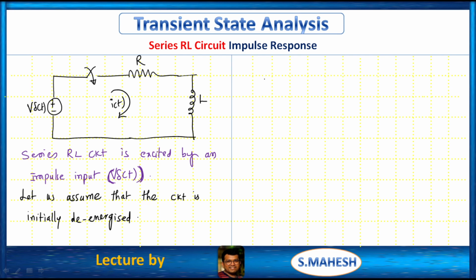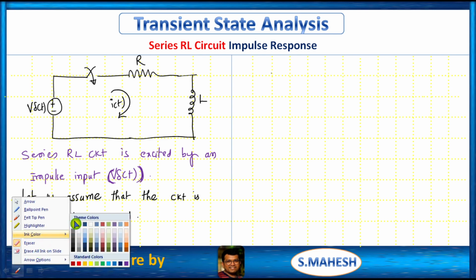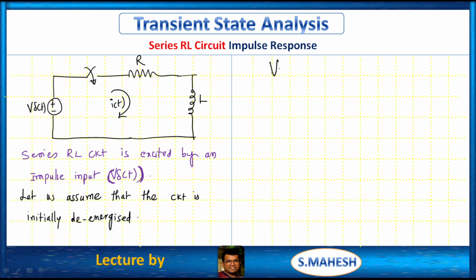Therefore, the supply voltage is V into delta of t, which equals R into i of t plus L into di of t by dt.